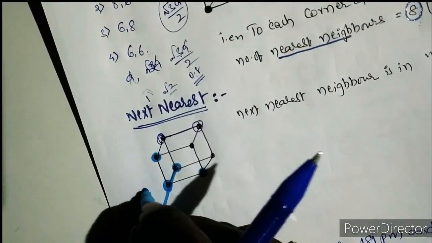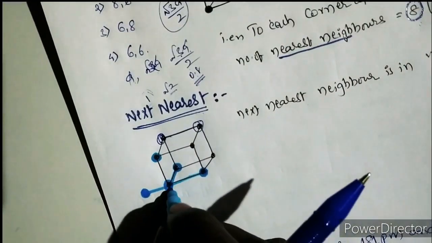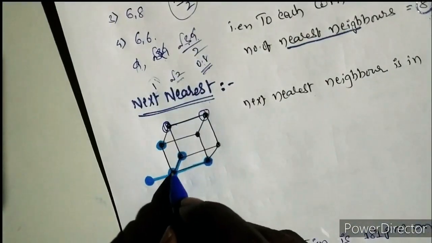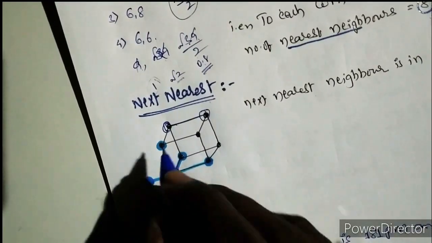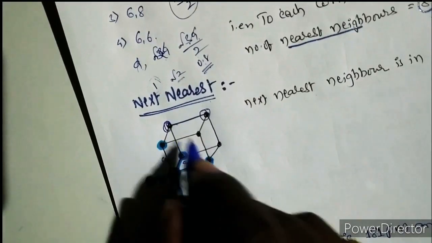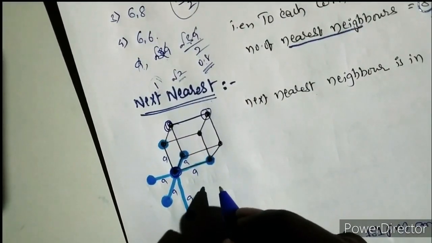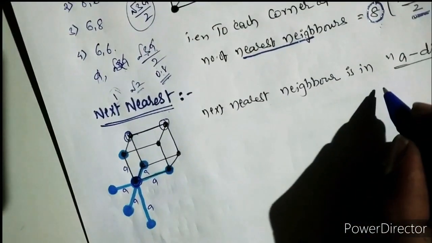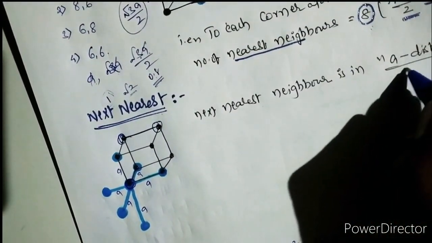Here is another atom, and this is another atom. I am taking this atom as the standard one, and all of them are at this distance. So how many such atoms are there? 6 atoms are there. So here the next-to-nearest neighbors are at a distance of A.